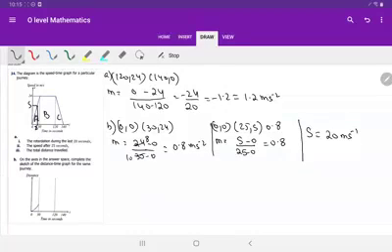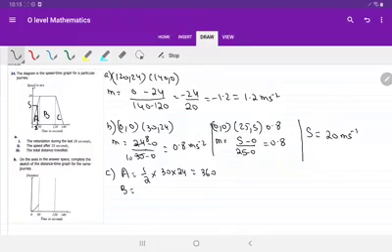This is A, this is B, and this is C, and find the distance of each part individually. So distance of A is half into base into height, that is half into 30 into 24, that is 360 meters.